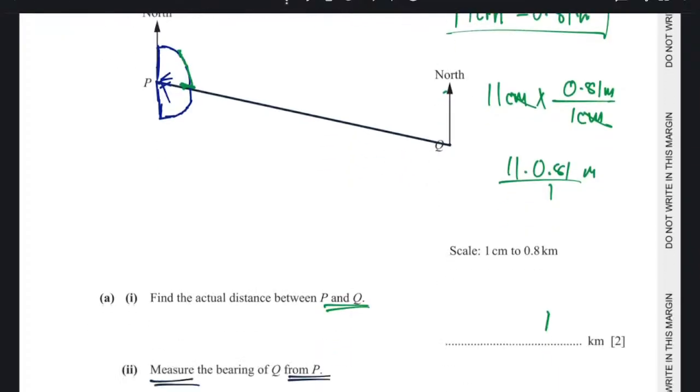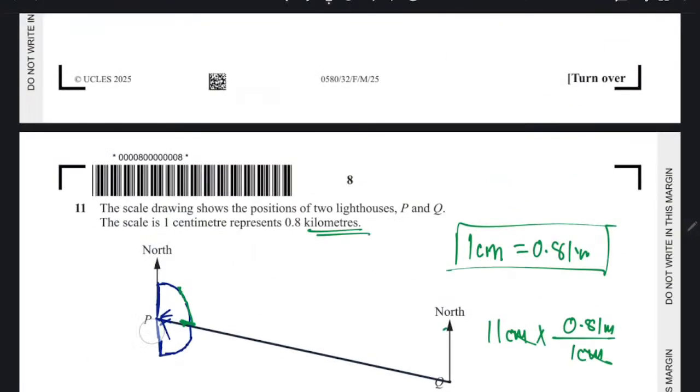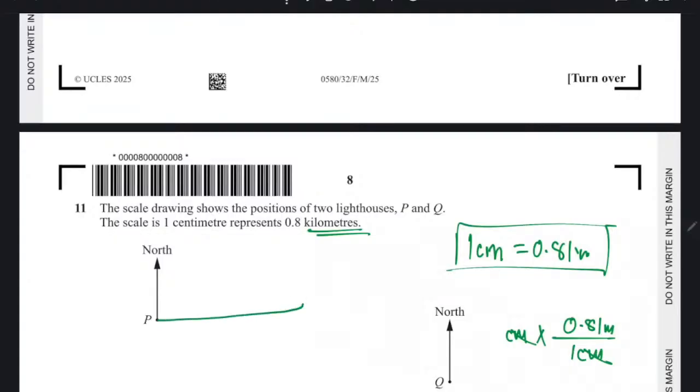Now let's do the calculate bearing. Bearing of P from B. They said the boat B is on a bearing of 127 from P. So B from P. Let's see.